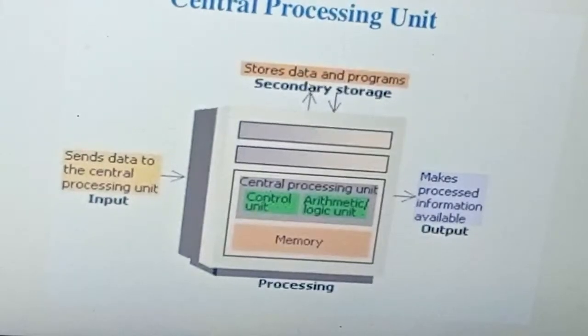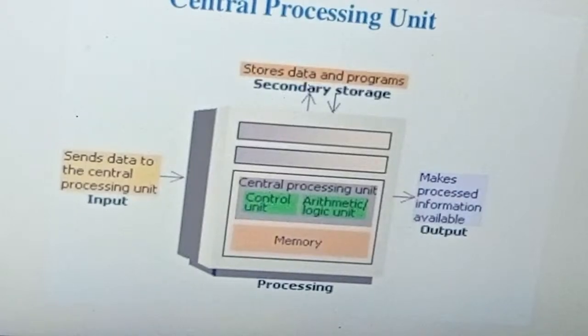The fourth step stores the result of this operation in memory. The third and fourth steps together are called execution time.